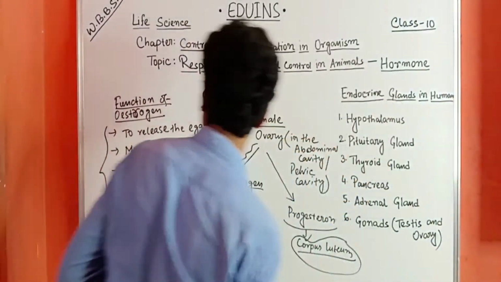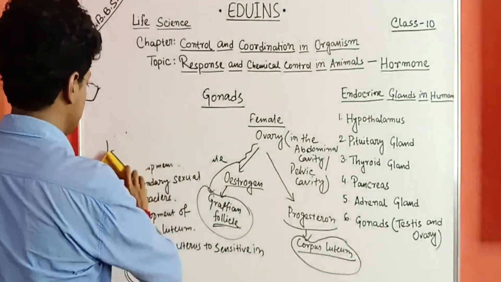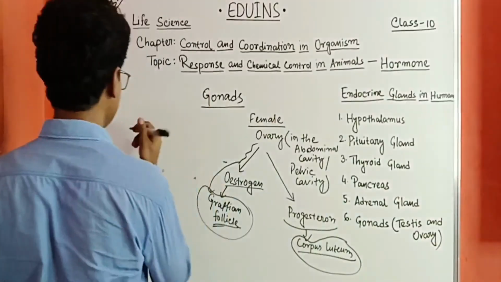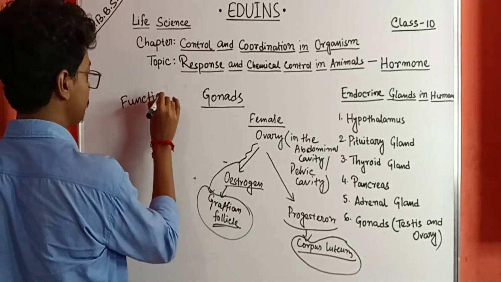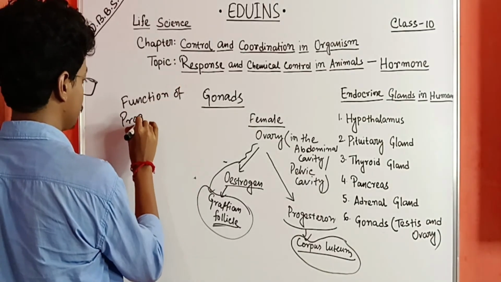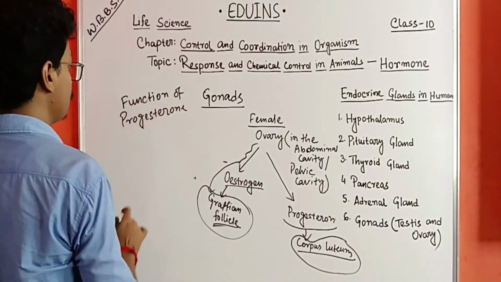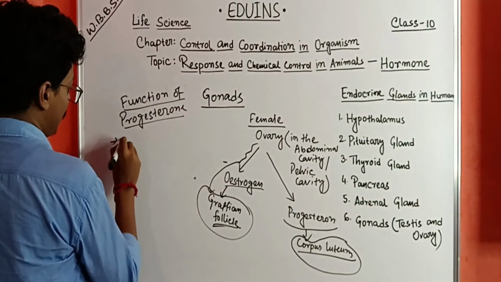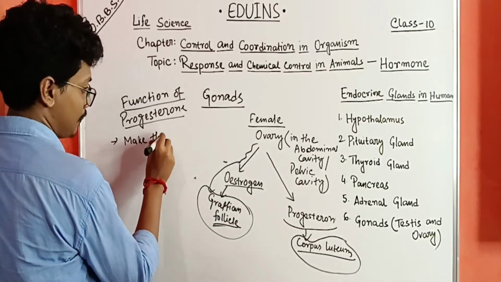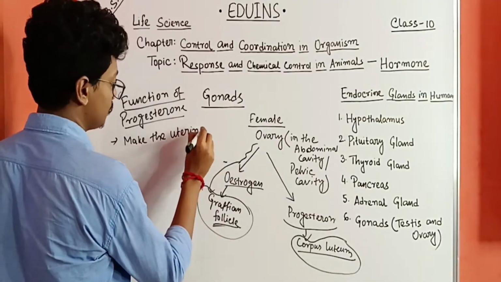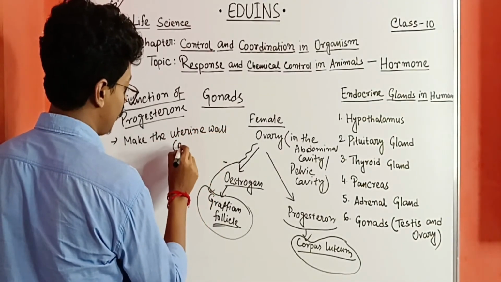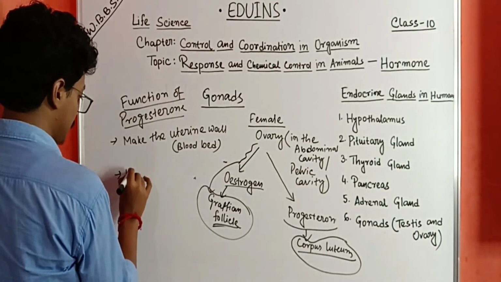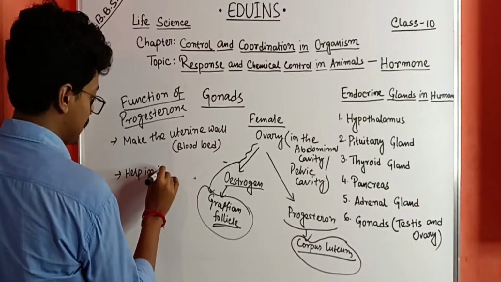And the functions of progesterone. Number 1, of course, it makes the uterine wall a blood bed. Number 2, it helps in implantation.